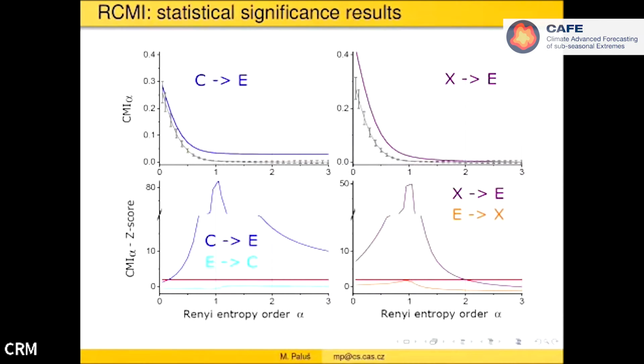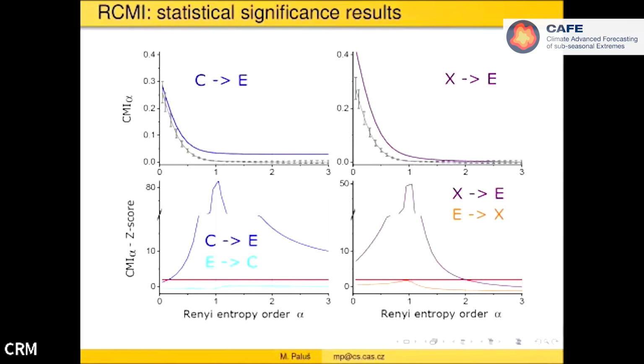The light blue is the direction where there is no causality, and it is clearly under the significance line, while the blue one is in the causal direction, how C is influencing E. What is interesting, this is highly significant for large alpha, and then for small alpha it goes under the significance level.